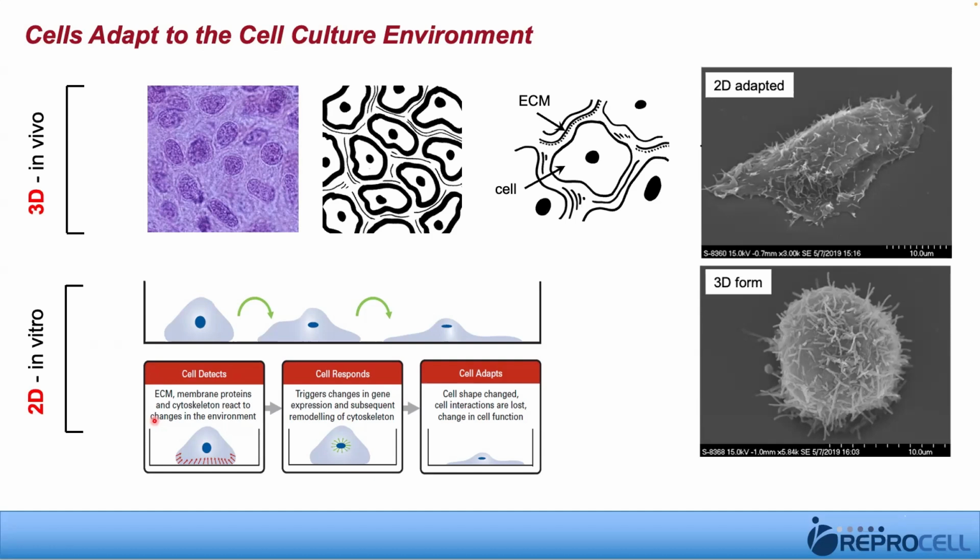They change their shape and form and architecture, and as a consequence, they re-engineer their internal cytoskeleton. They become polarized, and this can affect gene transcription, protein translation, and function. So the function of the now adapted flattened cell is different to its native three-dimensional counterpart.